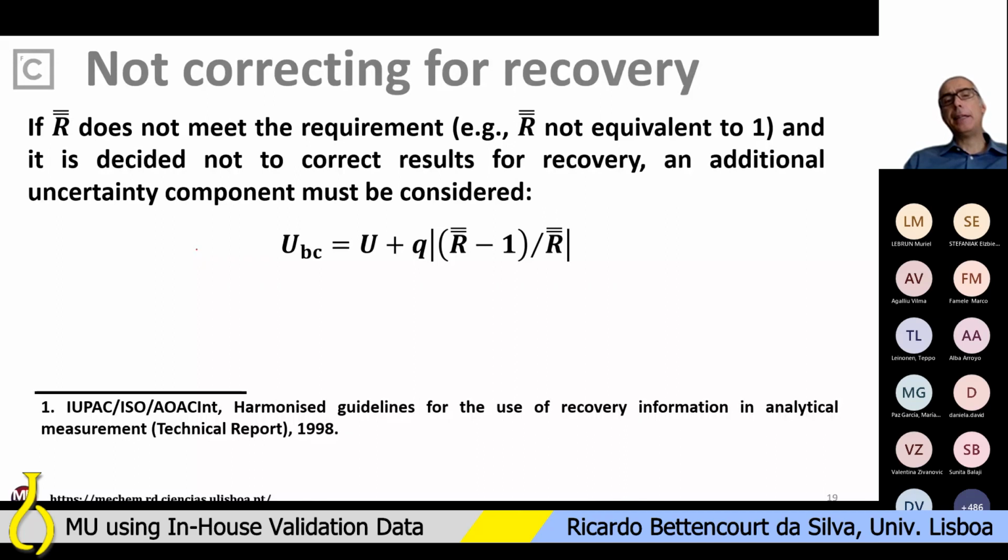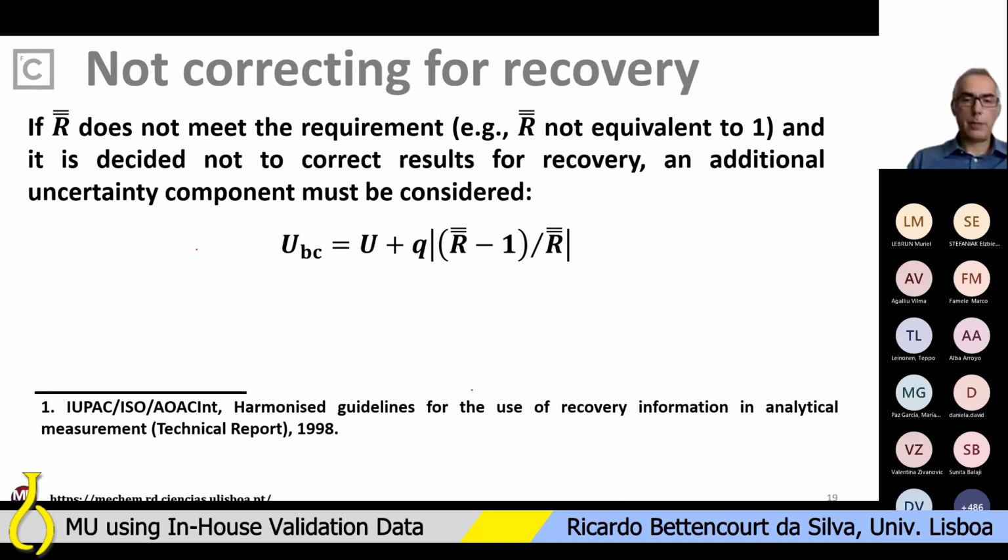Okay, in that case, we should take into account that the option for not correcting for recovery should impact your understanding of the measurement, and some analysts suggest to increase the uncertainty because we decide not to correct for recovery.